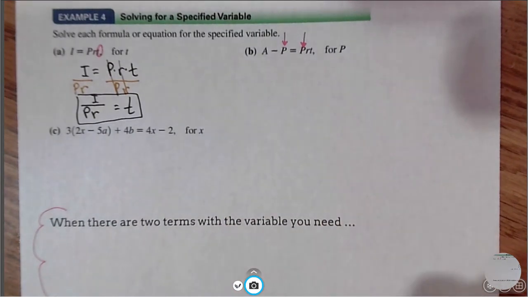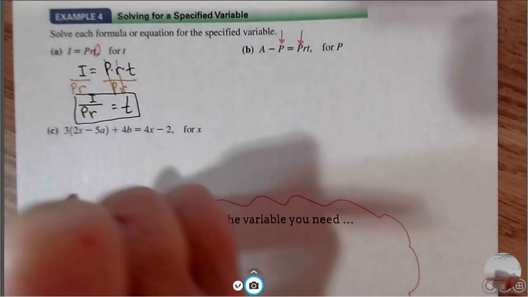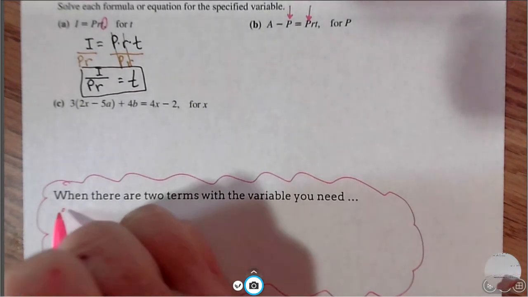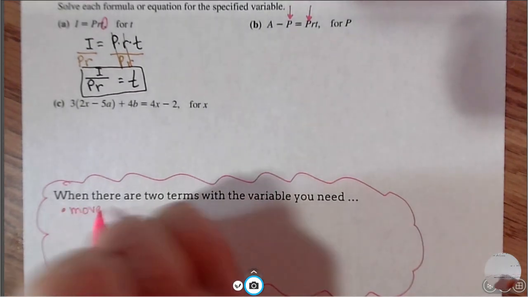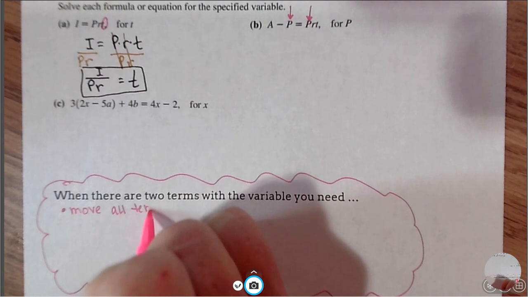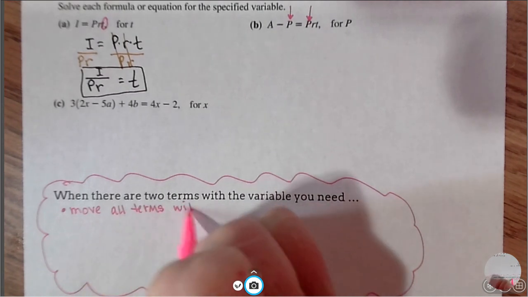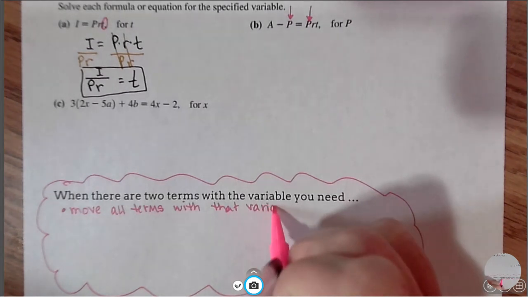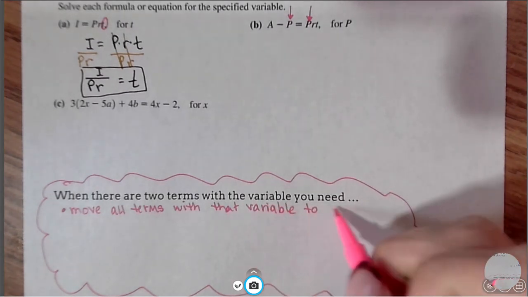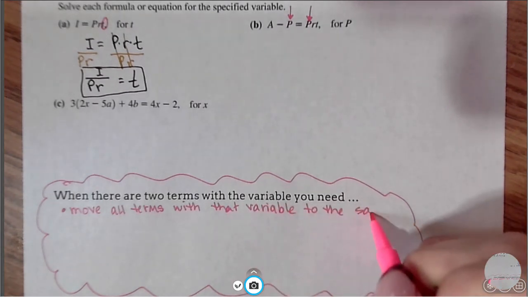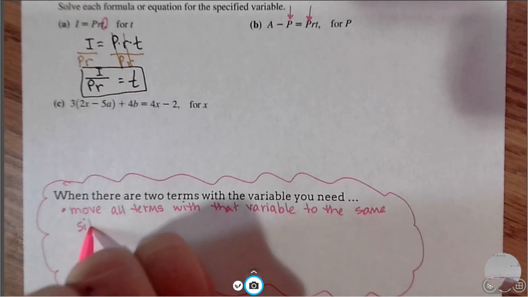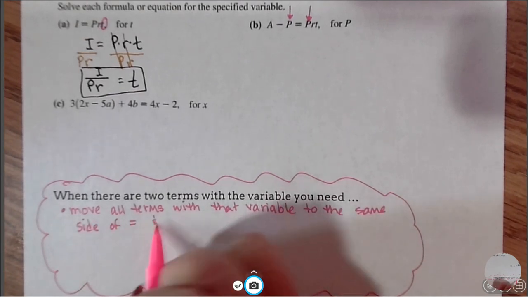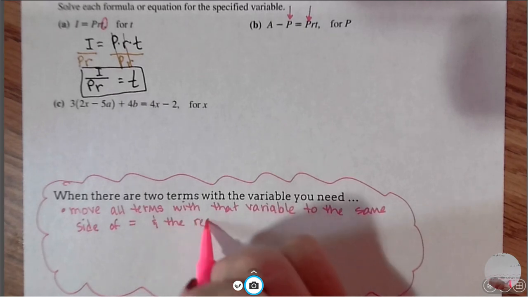When there are two terms that have the variable you need, what you're going to want to do is move all the terms with that variable to the same side of the equal sign, and the rest of the terms to the other side.